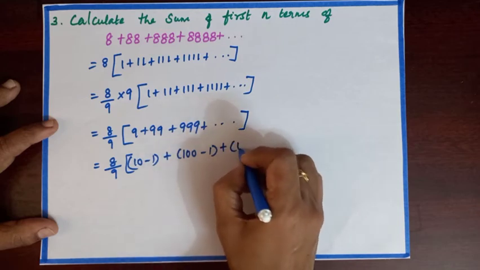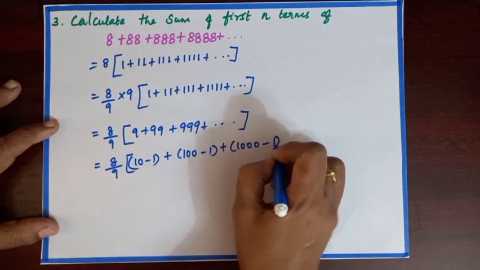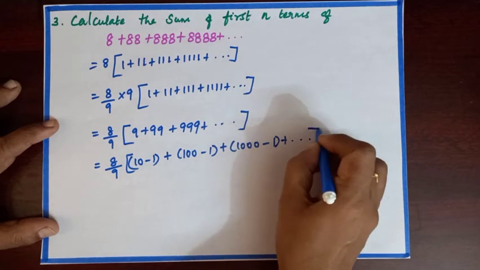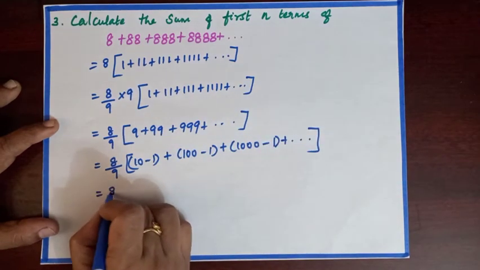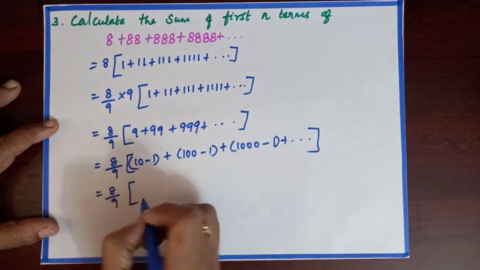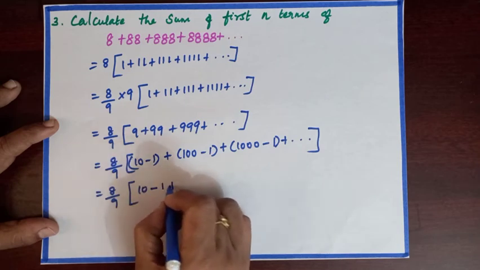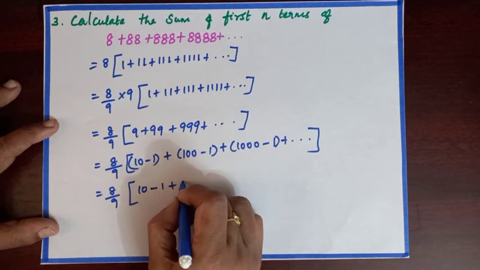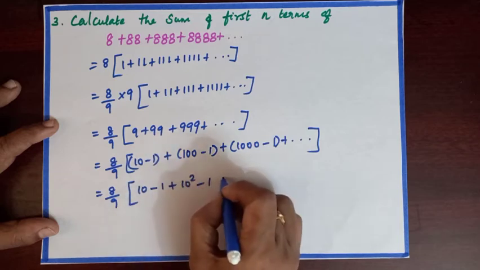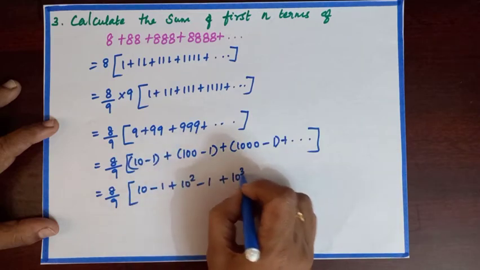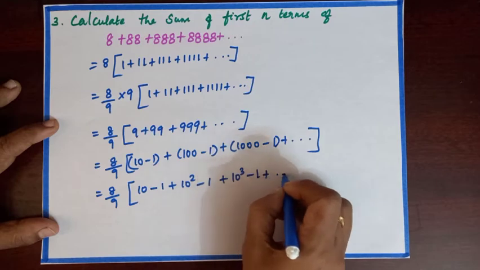999 as 1000 minus 1 plus dot dot, which is equal to 8 by 9. 10 minus 1 plus 100 I can write as 10 square minus 1, 1000 as 10 cube minus 1 plus dot dot.